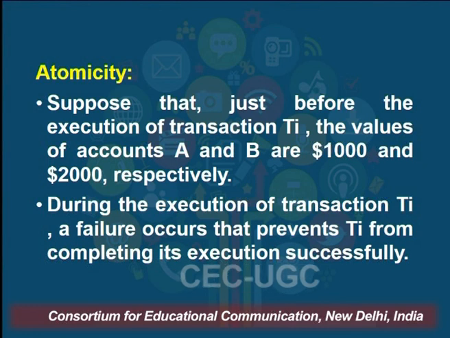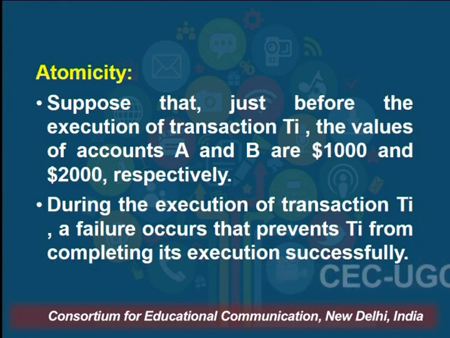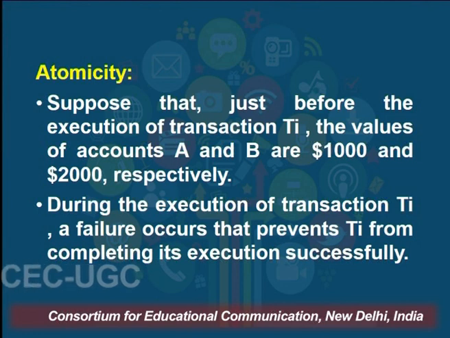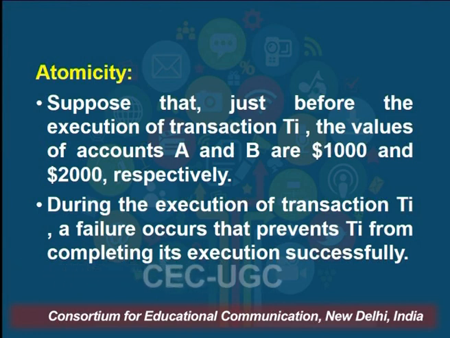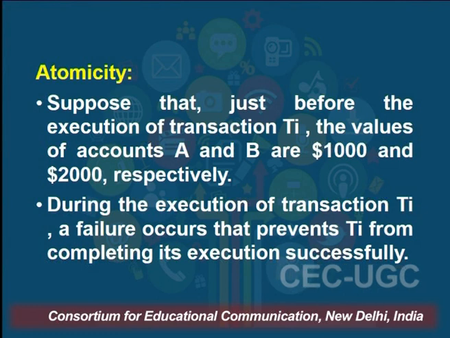During the execution of this transaction, let us say a failure occurs. Because of that failure, Ti is not completing its execution successfully. That means somewhere in between, it stopped or aborted. Suppose this failure is going to happen after the write A operation, but before the write B operation.